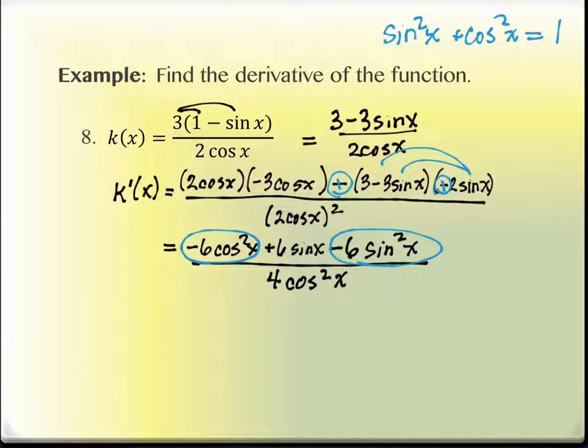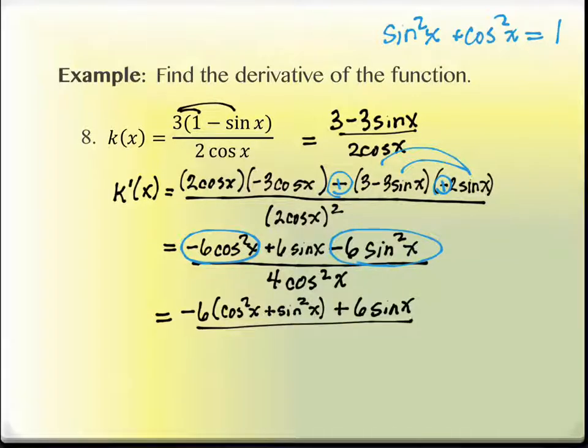I realize that they both have a -6 next to them, but that's actually what makes this work. If I were to put these 2 items together and factor out the -6 just from those 2 items, I would have -6, and then I'd have cosine squared x plus sine squared x, and then I'd have the other piece in the problem plus 6 sine of x, all over my 4 cosine squared of x.